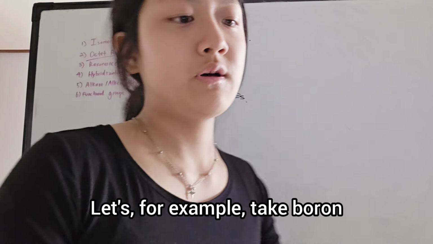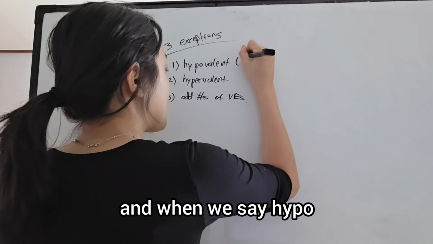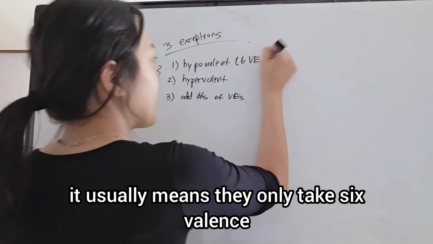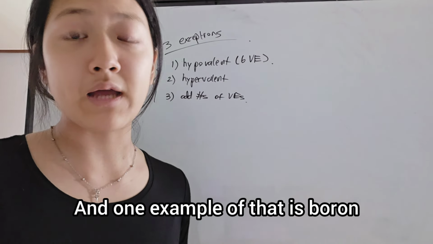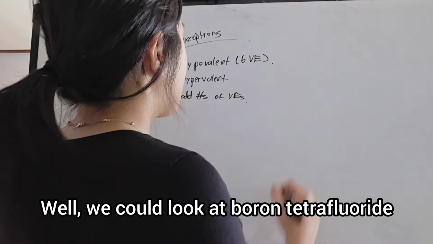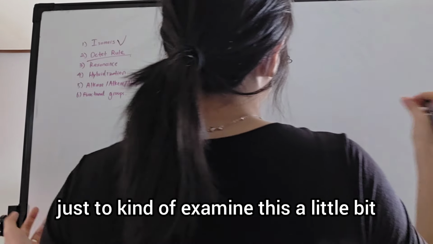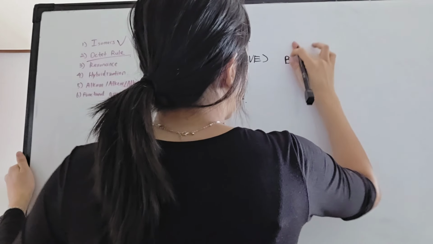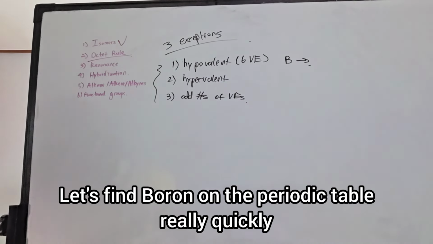Let's, for example, take boron. Boron is one of those, and when we say hypo, it usually means they only take 6 valence electrons and not 8. One example of that is boron. Well, we could look at boron trifluoride just to examine this a little bit. Boron, let's find boron on the periodic table really quickly.